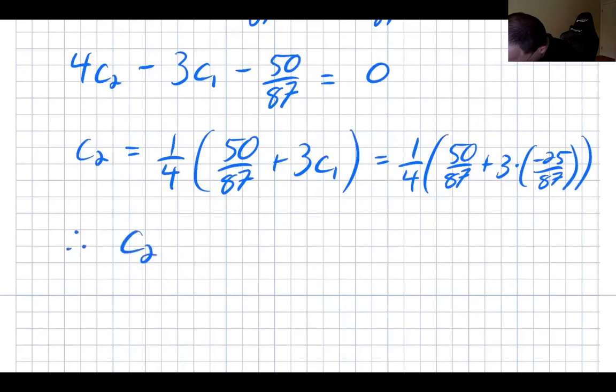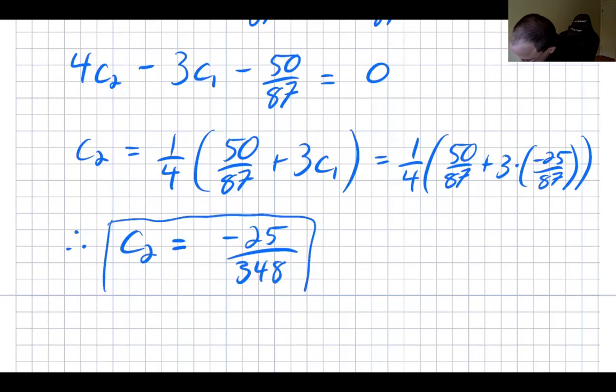So therefore c2 is equal to what? I'm going to use my calculator to do this. 1 over 4 times 50 over 87 plus 3 times negative 25 over 87 gives negative 25 over 348. Okay.